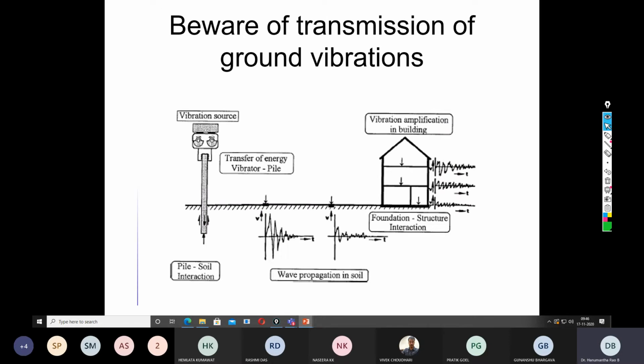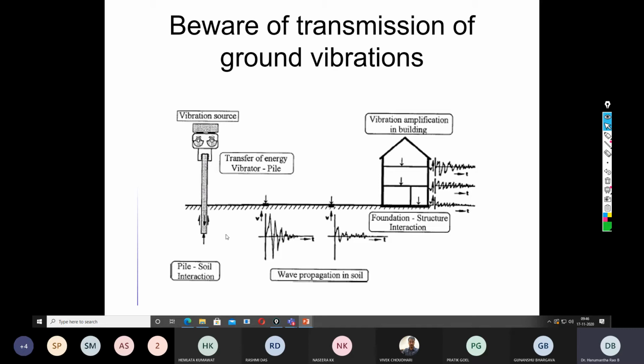And there are some limitations when you go for vibroflotation, because you are using a huge amount of vibration energy for compaction of the soil. And this vibration energy does not remain only at one location. It gets transmitted from one location to another, as we can see in this picture.